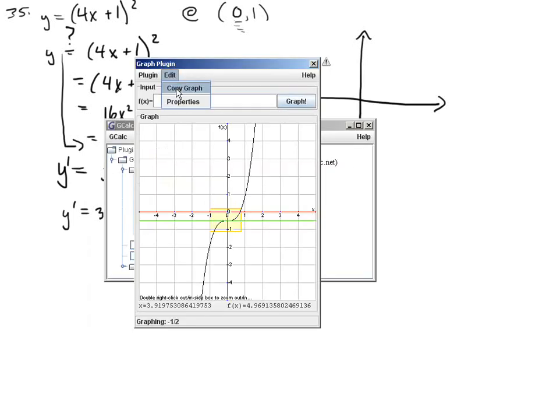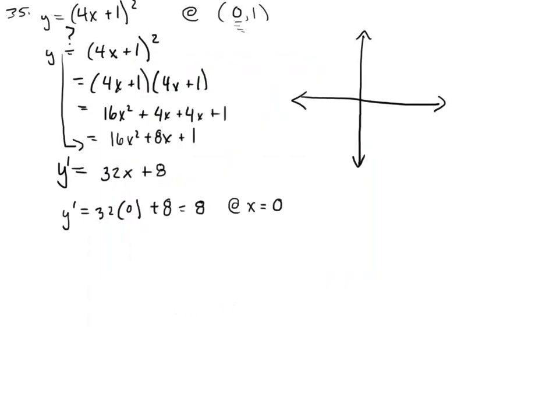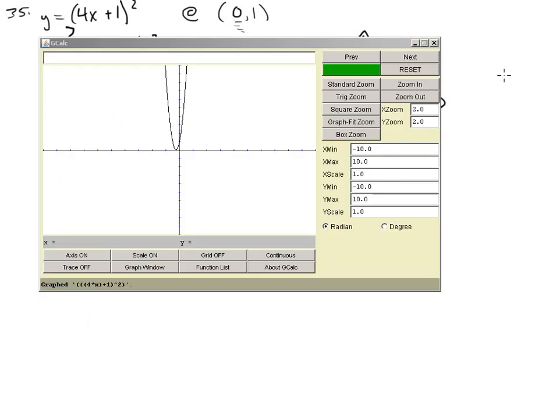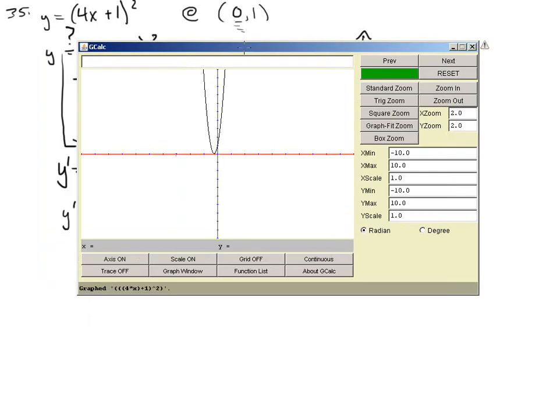I wonder if I can clear this graph. I don't know how to do that. Let's see if I can pause this real quick. Okay, I couldn't figure that one out, so I just went to that ggraph site that we were talking about before and used their applet version off of their website.